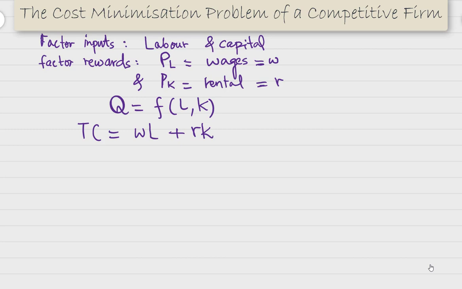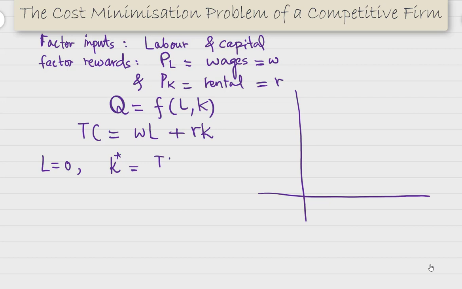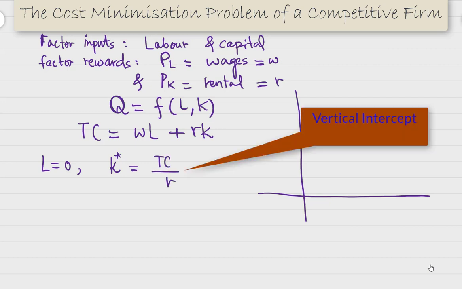If I'm interested in drawing the cost constraint the firm faces, we can do so by taking the horizontal and the vertical intercepts. So let us put L equal to 0 to get the specific value of K, denoted by K star, as total cost over R. This is the vertical intercept.